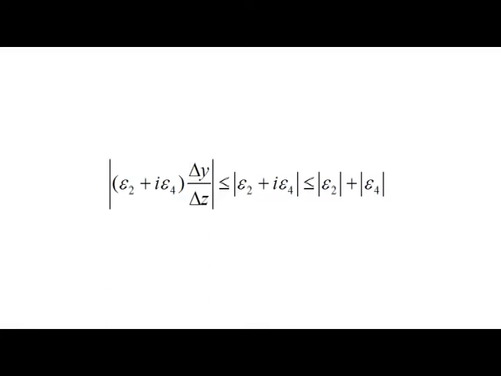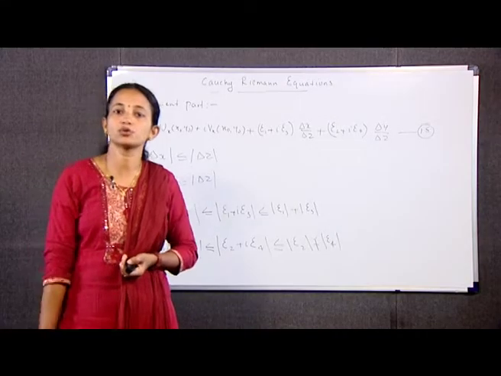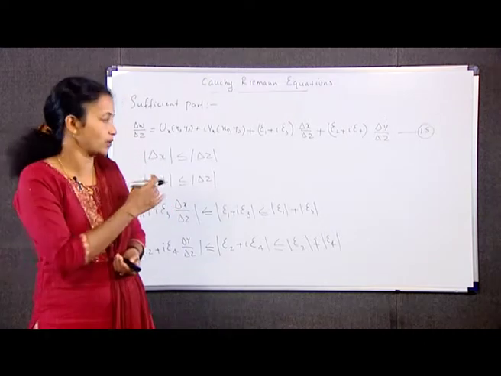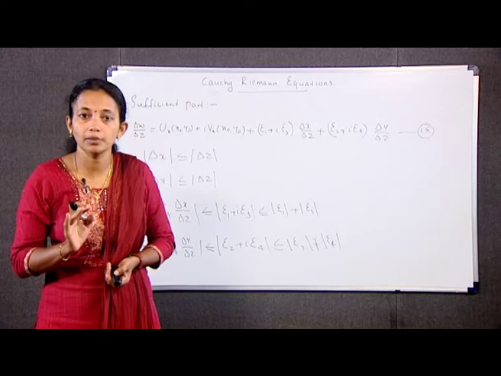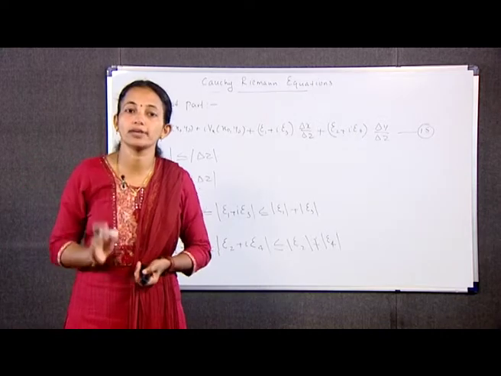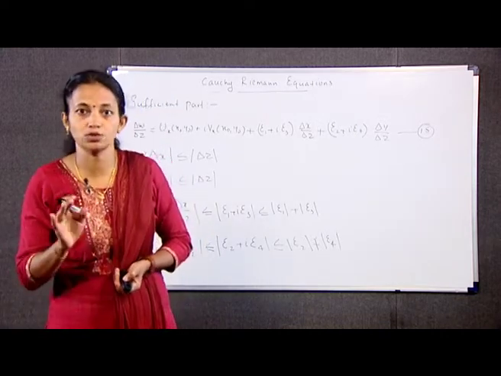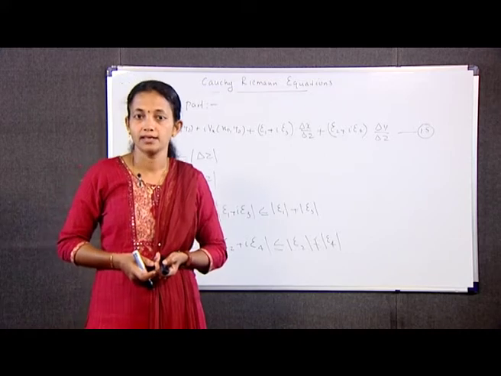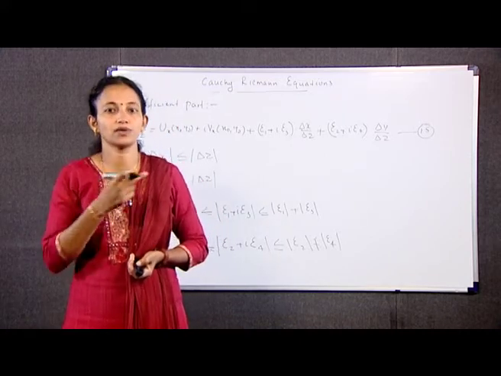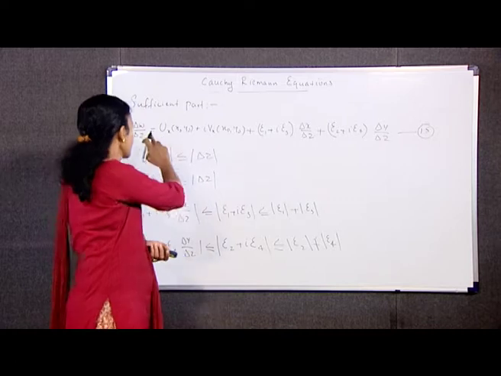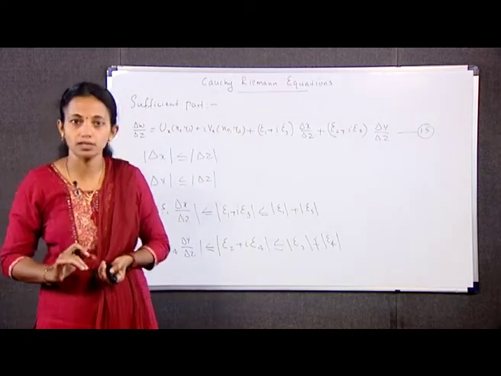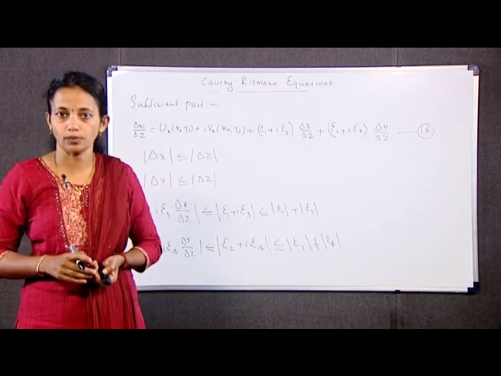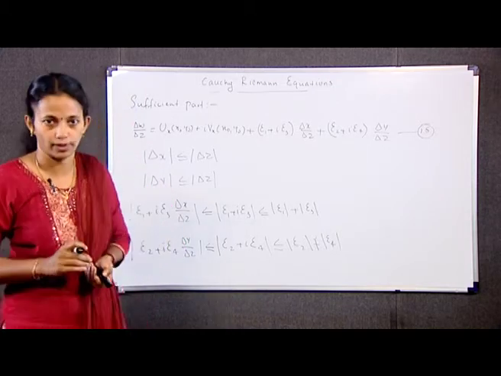mod epsilon 4. So, the last two terms on the right in equation number 15 tend to 0 as the variable delta z, equal to delta x plus i delta y, tends to 0. This means that the limit of the left hand side of equation number 15 exists, and that f dash z naught is equal to ux at x naught, y naught plus i vx at x naught, y naught.